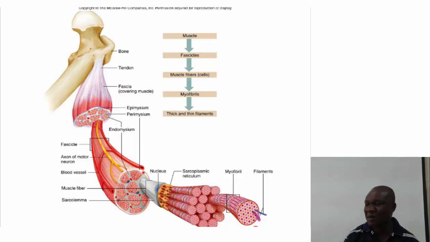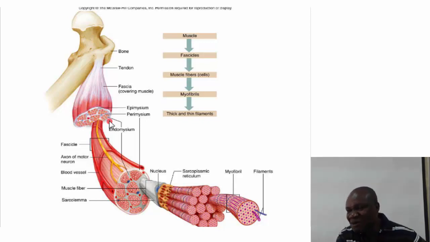Now, if we take a whole muscle, it is covered by a connective tissue called epimysium. So this is our whole muscle, and this is our epimysium, the connective tissue surrounding the whole muscle.